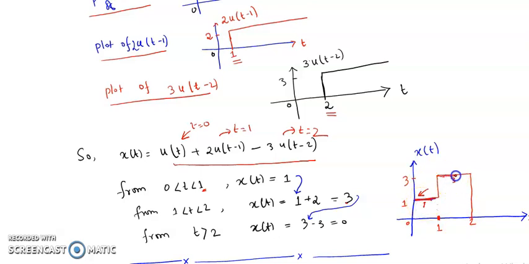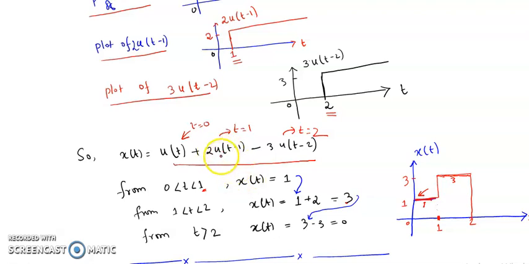So this part is constant value 3 up to 2, then at 2 or greater than 2, this signal will exist at t is equal to 2 because it has already started at t is equal to 0 and it goes up to t is equal to infinity. So for t greater than 2 you will have this part u(t), its value is 1. We will have this part also because it started at t is equal to 1. So at t is equal to 2 also we will get 2 into 1 is equal to 2.